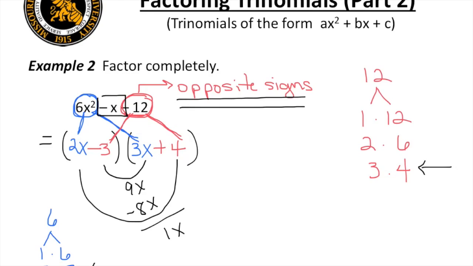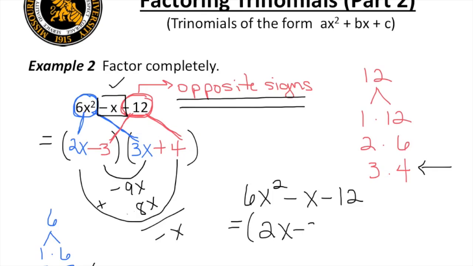Well, our inner product is now a negative 9x, and our outer product is now a positive 8x, and if we add these two terms, we get the negative x that we needed. Therefore, we can conclude that the factored form for 6x squared minus x minus 12 is equal to 2x minus 3 times 3x plus 4.